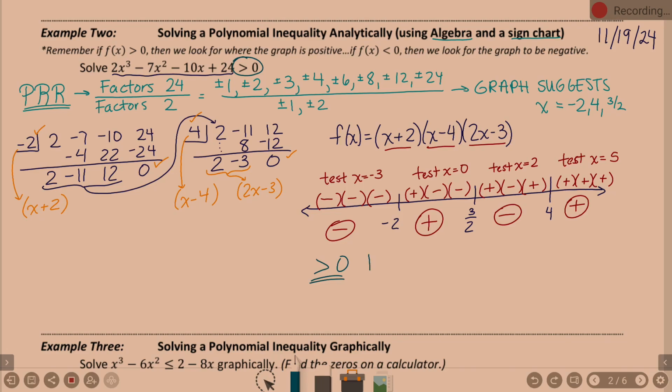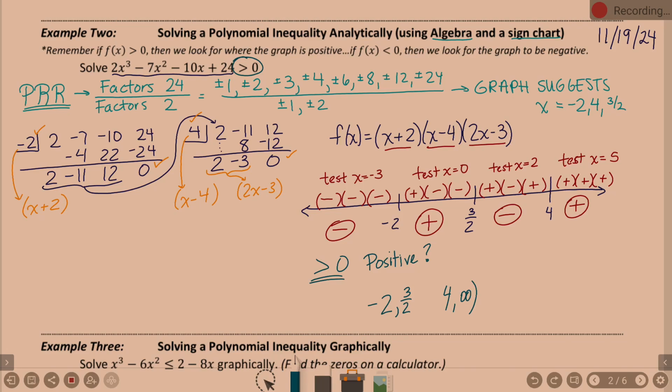We're looking for where the graph is positive. So in which sections did my graph end up positive? Negative 2 to 3/2, and then 4 to infinity. In the interval between negative 2 and 3/2, and this interval to the right of 4, which is 4 to infinity.